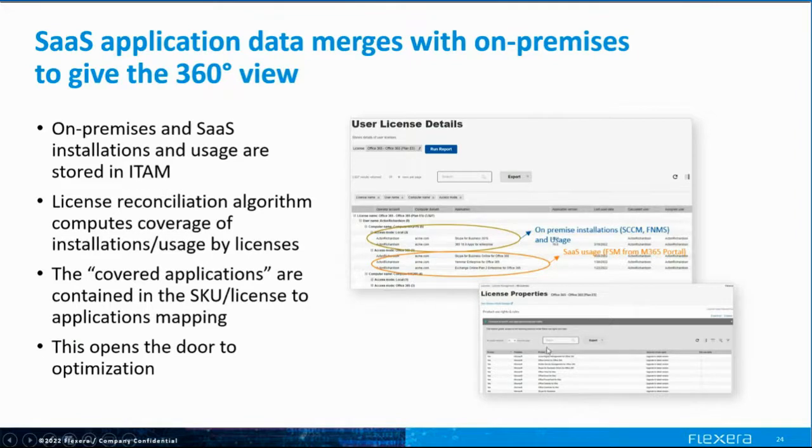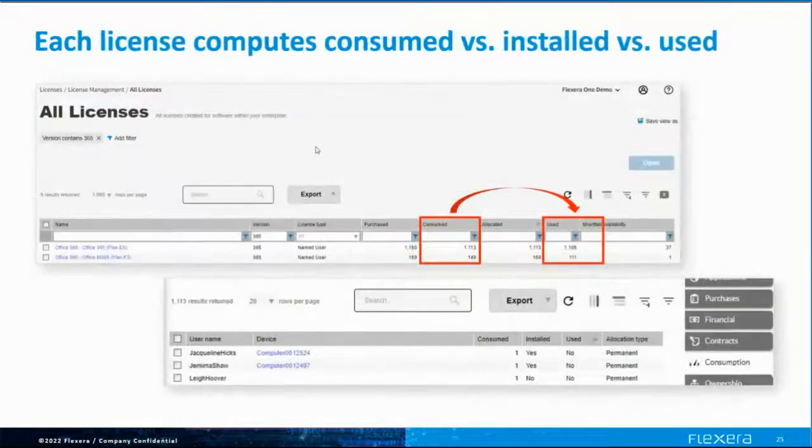Once the license knows what it should monitor, it will quickly catch who has installed what and who has used what, and whether there is real consumption or just waste because somebody has an active subscription that is not being used. The optimization view is basically consumed versus used.